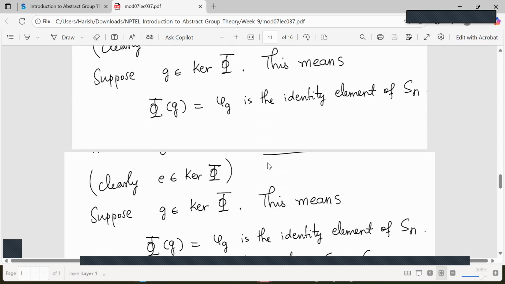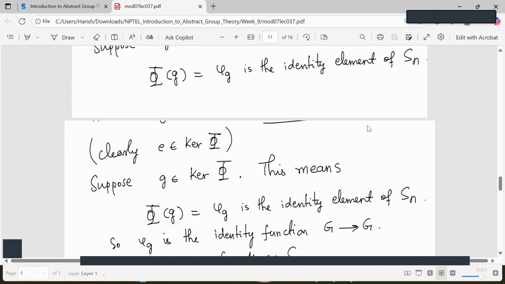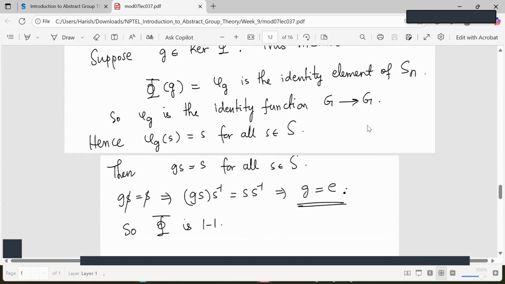So it should map everything to itself. That means gs is equal to s for all s belonging to S. But if you post multiply it by s inverse, that will imply g is identity. So the only element inside the kernel is the identity of capital G.